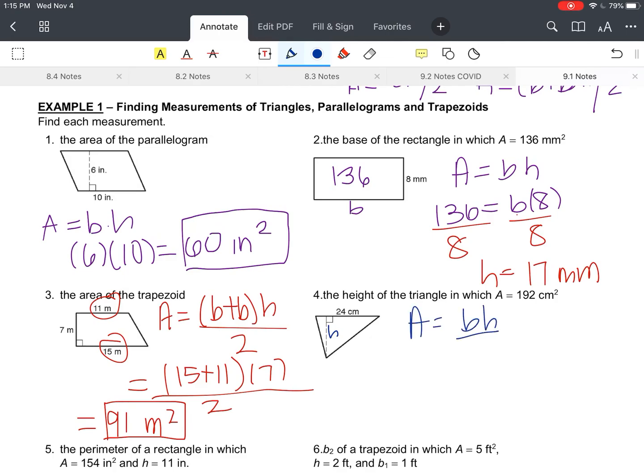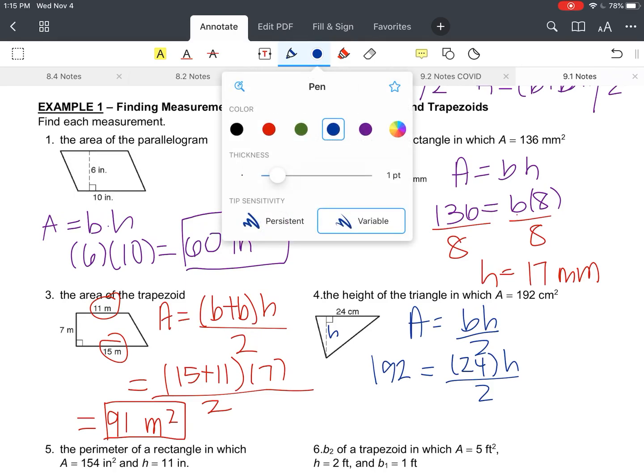Number 4, it's asking me for the height of a triangle, so I'll label that H, in which the area is 192. So area is base times height divided by 2. Let's fill in what we know. The area is 192, my apologies, from the problem. The base is 24. I want to know my height. There's a couple of ways you could solve this.